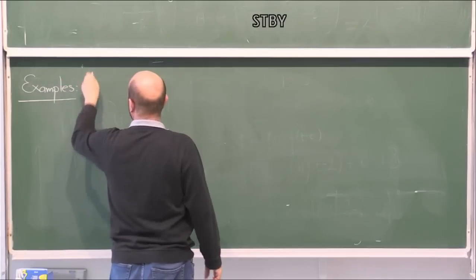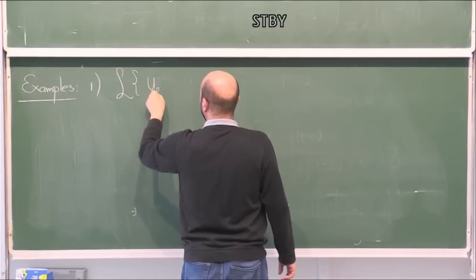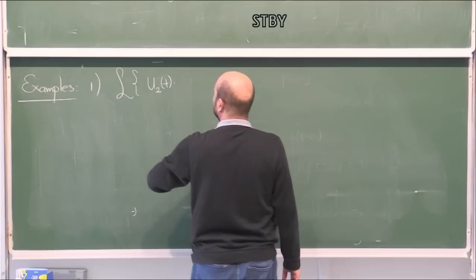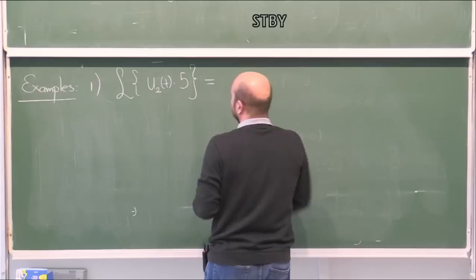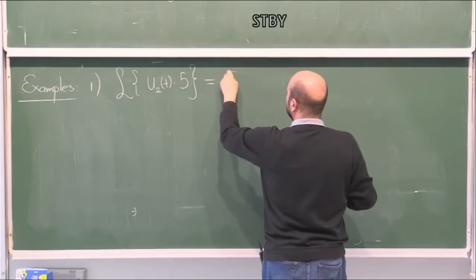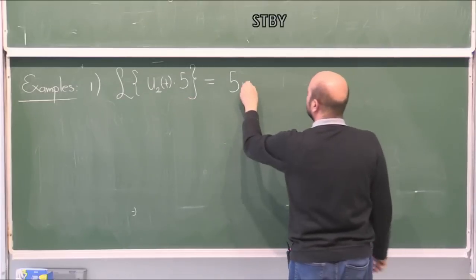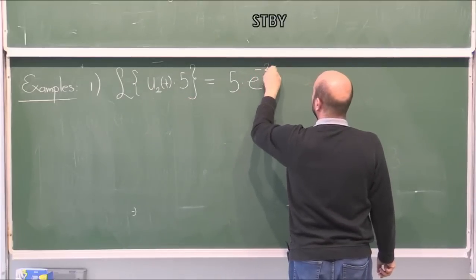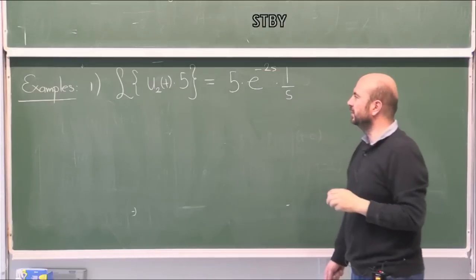First example: what is the Laplace transform of u2(t) times 5? So just 5, you can put it out. It's all about the Laplace of this, and its Laplace is e to the minus 2s times 1 over s. This is what we have.